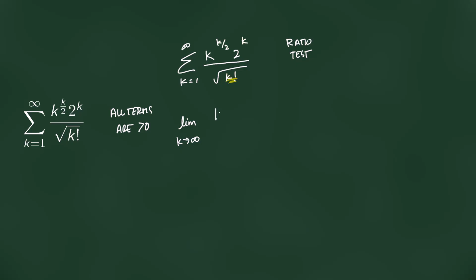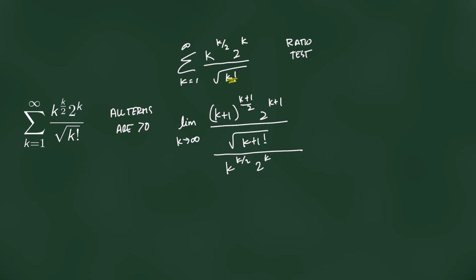And I'm going to write this as (k plus 1) to the (k plus 1) over 2 times 2 to the k plus 1 over the square root of (k plus 1) factorial, and that's our (k plus first) term. We divide that by the kth term, so k to the k over 2 times 2 to the k over the square root of k factorial.